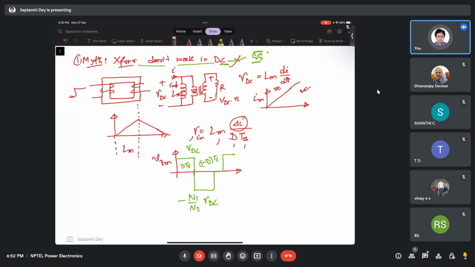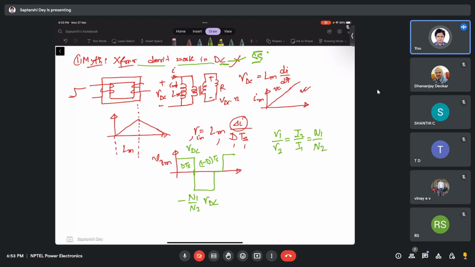So one statement I made in the last class, I think, is about what we study in our electric machine course: capital V1 by V2 equals capital I2 by I1 equals N1 by N2.